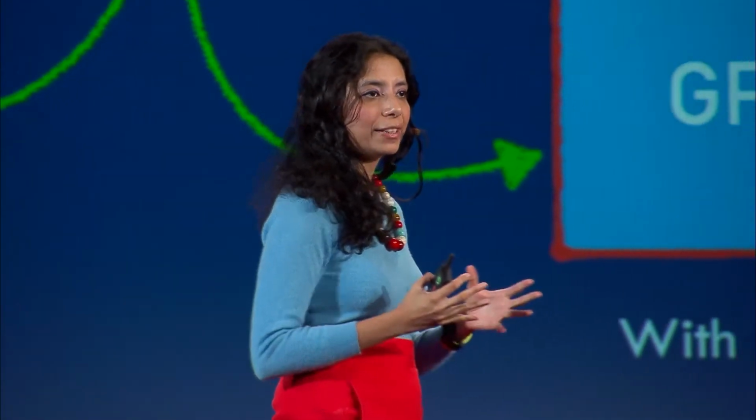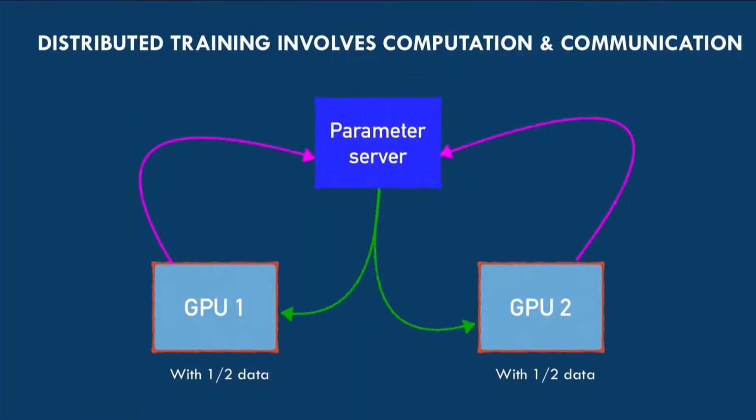So one of the challenges in scaling up machine learning is how do I do distributed training? If I have too much data to train in one machine or one processor, I would need to distribute it to multiple ones. The simplest form of parallelism is data parallelism. I'm going to distribute my data set in equal amounts to different processors, right?